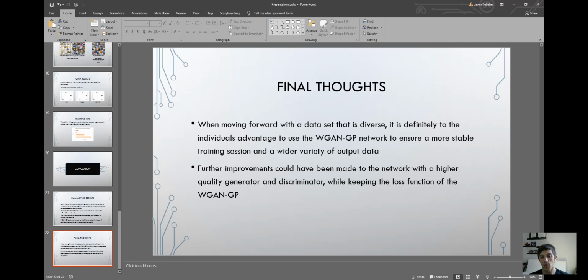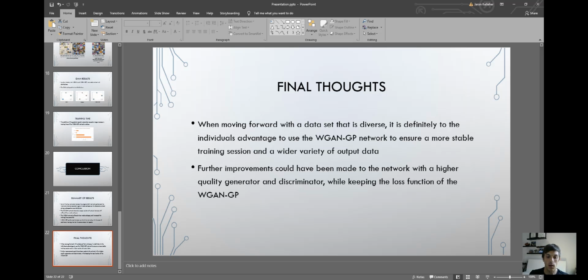So my final thoughts on this, if you had to pick one, I would pick the Wasserstein-GAN and try to learn the weight clipping parameter, or just pick the Wasserstein-GAN with gradient penalty. That way you don't have to worry about that weight clipping, but try to make sure that you have the processing power to handle that amount of data, because it's a lot and it's a lot of computation.